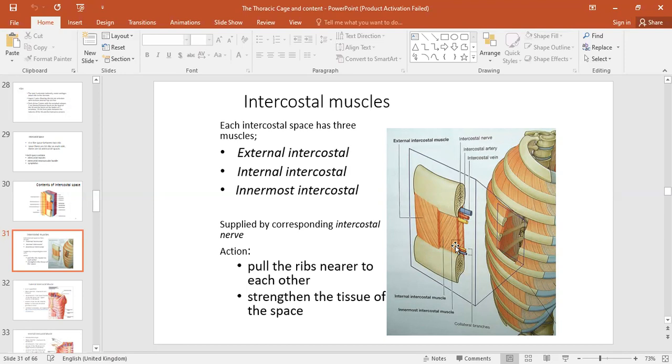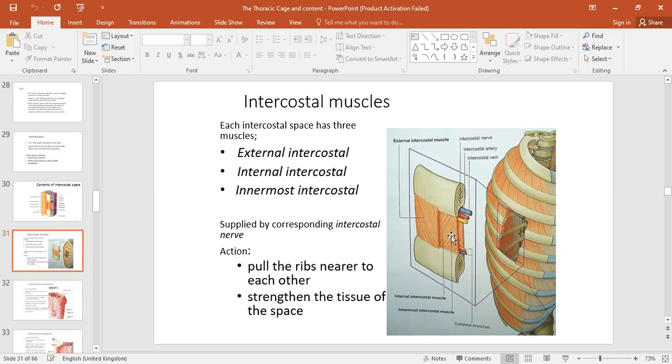Let's look at internal intercostal muscle. The orientation of the muscle fibers is opposite to external. Of course they are moving from the superior rib to the inferior rib, that is correct. But instead of moving from posterior to anterior, these fibers move from anterior towards posterior, and from medial to lateral.